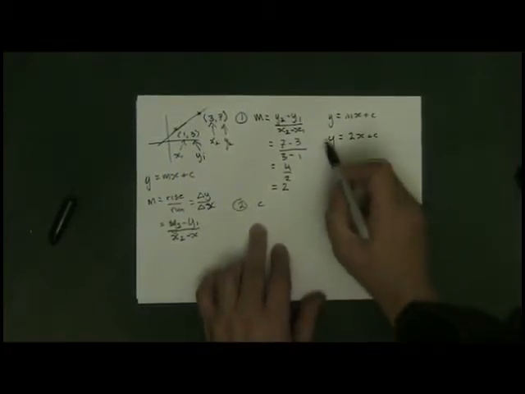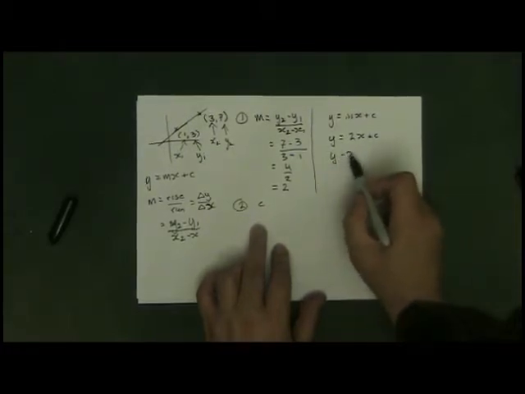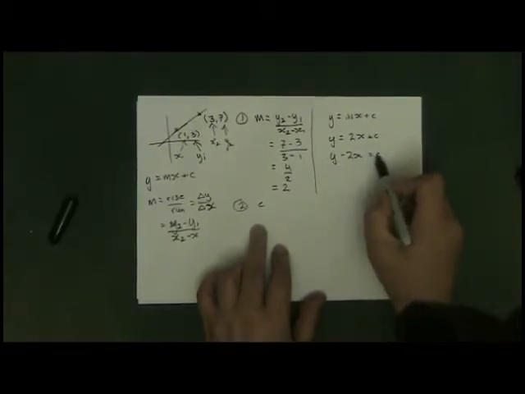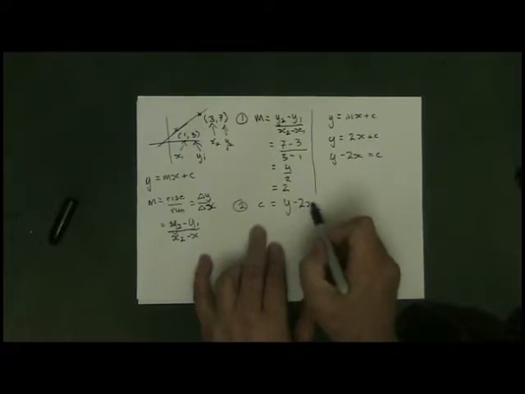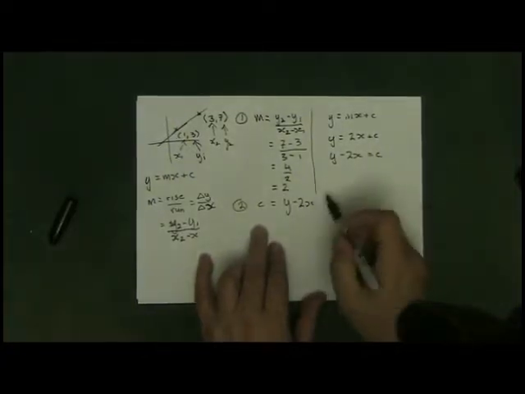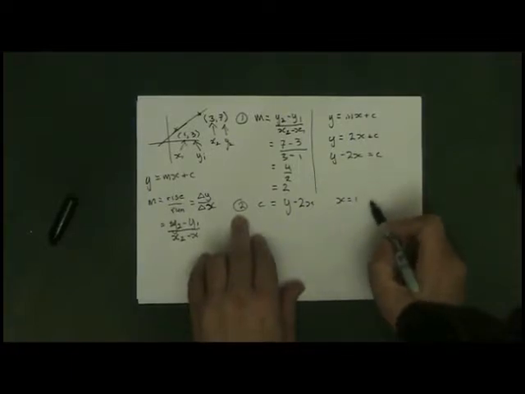So y minus 2x equals c. So c is equal to y minus 2x, where x is equal to 1, y is equal to 3.